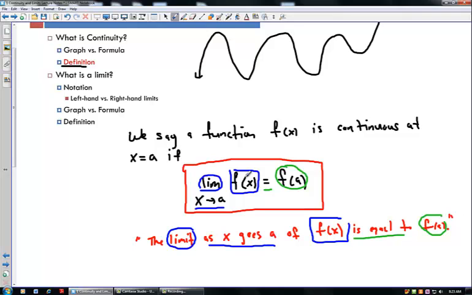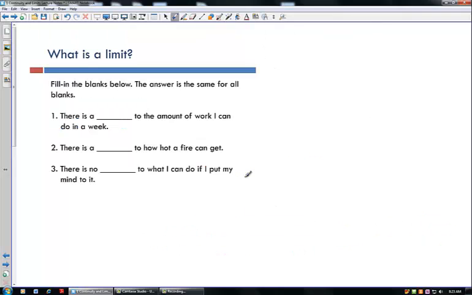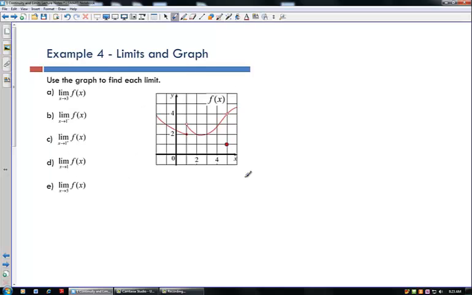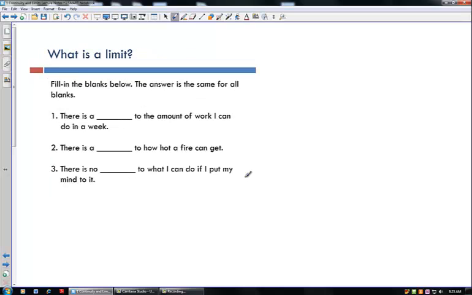Let's look at a simple example of this. Oh, and I want you to understand, you already know what a limit is. If I ask the question, what is a limit? We use this word in our language, so you can fill in the blanks below. There is a blank to the amount of work I can do in a week.